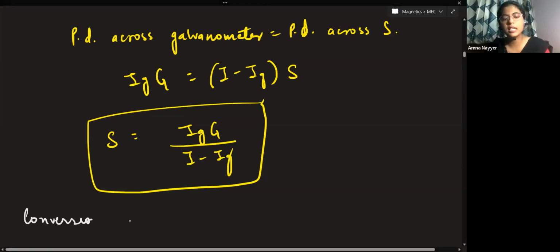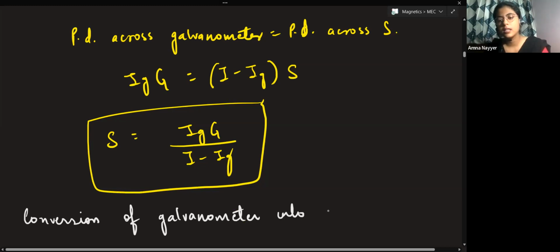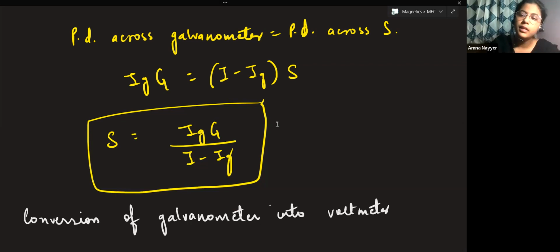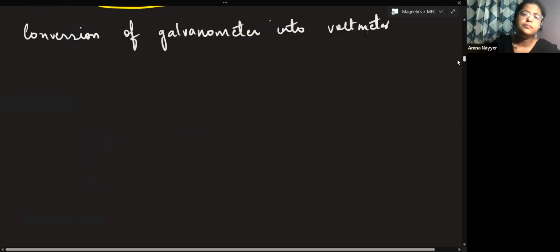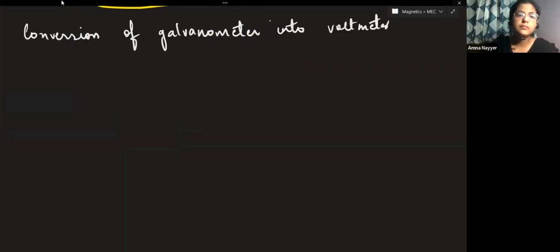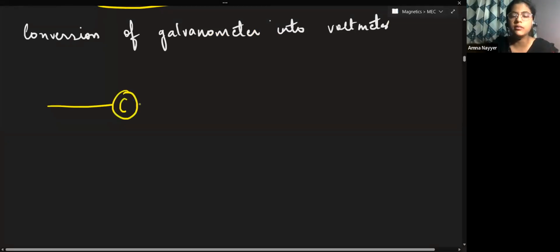Now, second is conversion of galvanometer into voltmeter. For the voltmeter, suppose you again have a galvanometer and you have to convert it.